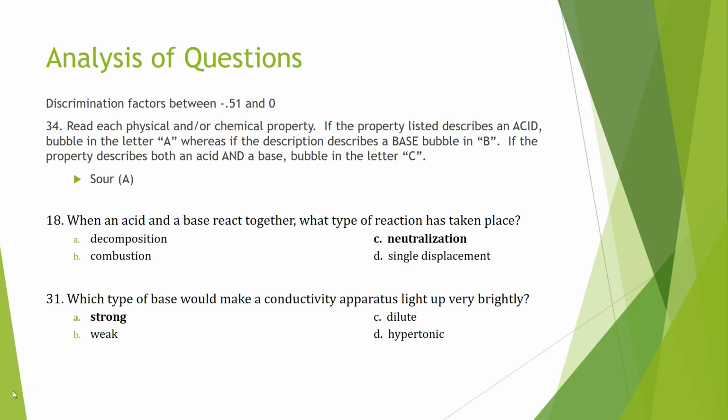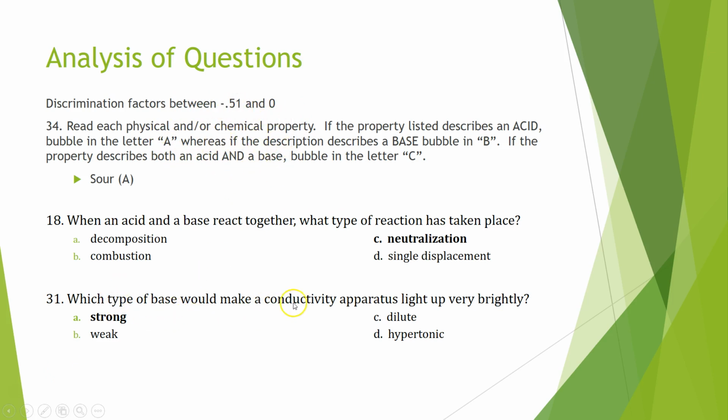And then the last 3 that I would look at were all negative values, but I guess higher negative values or lower negative values. They were closer to 0. And all 3 of these were missed by my ELL student. So he did well, but the ones that he missed have these low values. And so this would be something where, again, 34, I can reword this one to make it more accessible to ELL students.